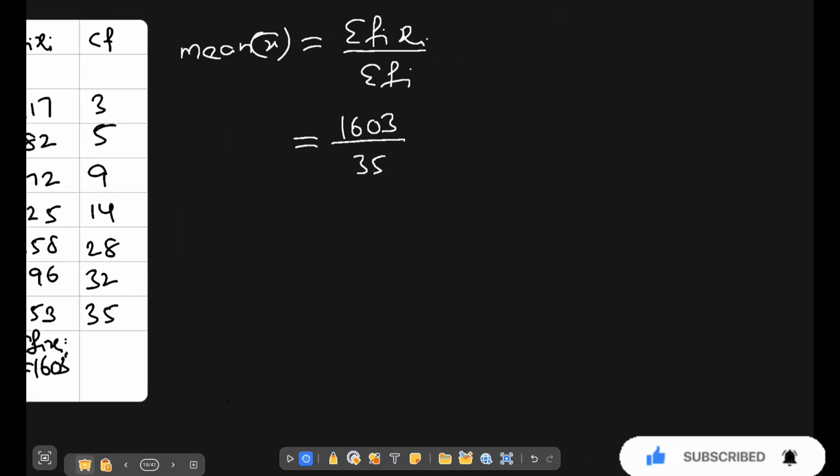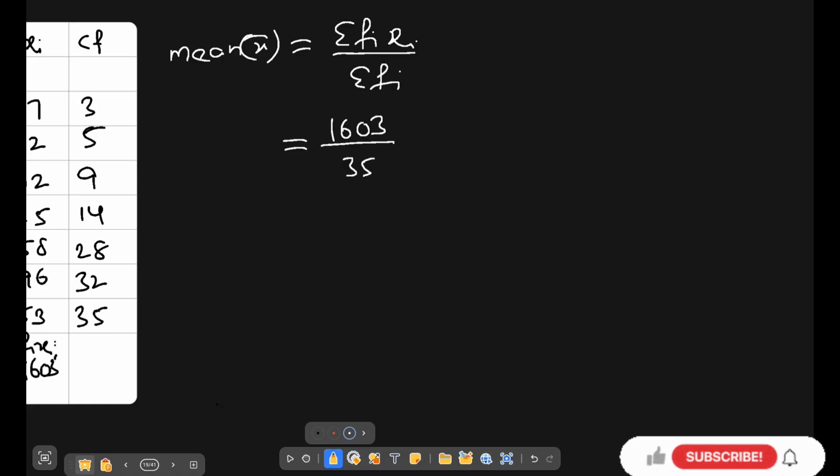What do we get if we divide 1603 by 35? 35 4 times 140.